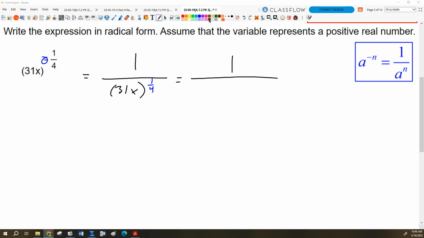The 4th root, good, of what? 31x. There you go, no big deal, right? So this time the 31's an inside number, isn't it? Because it was inside the quantity that was being exponentiated. See the difference there?